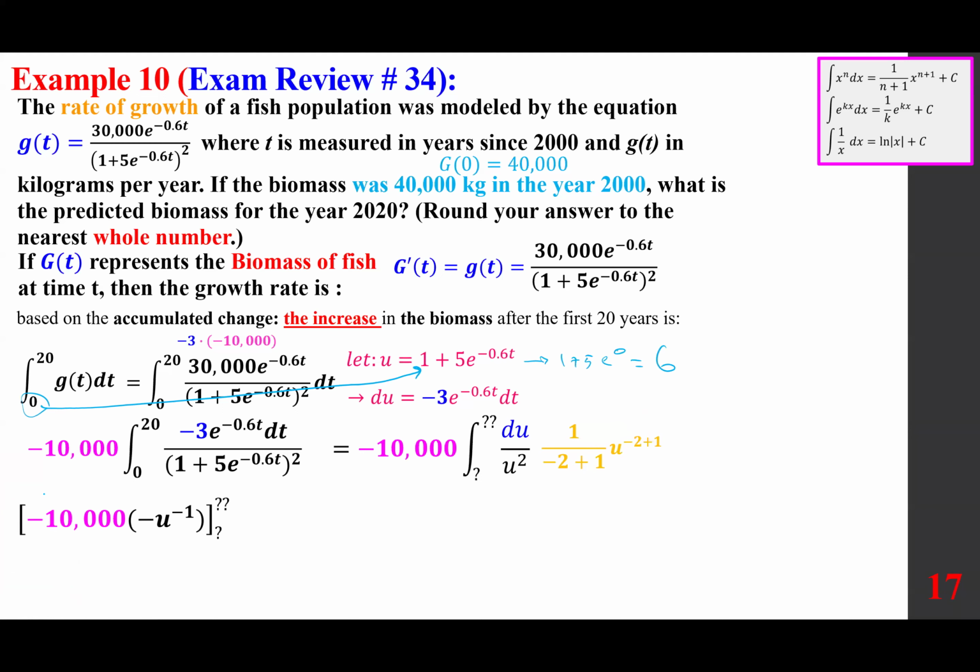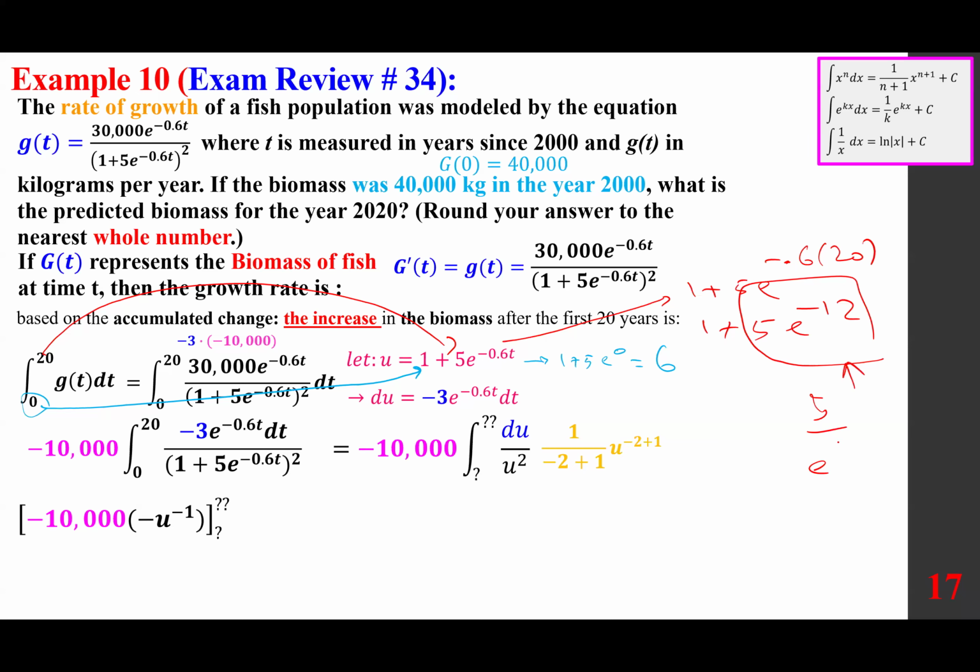If you put 20, you get 1 plus 5 e to the power of minus 0.6 times 20, which is 1 plus 5 e to the power of -12. This part, everybody, is 5 over e to the power of 12, which is almost 0. So these are the limits.